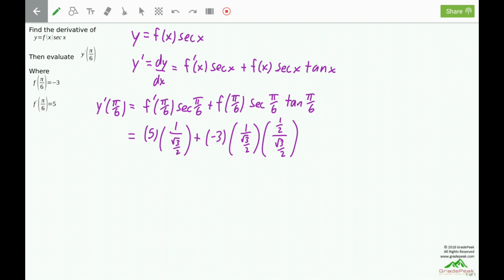Now I'm going to take each of those fractions in parentheses, reciprocate, and multiply the denominators with the numerators. So that will give us 5 times 1 times 2 over root 3 plus negative 3 times 1 times 2 over root 3 times 1/2 times 2 over root 3.